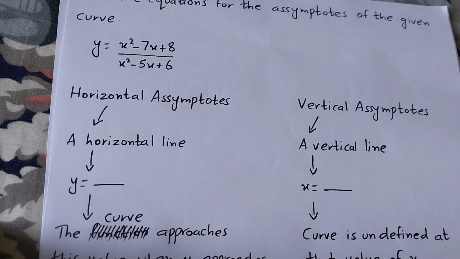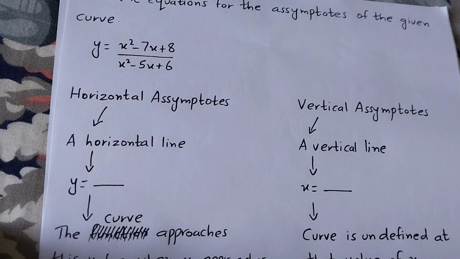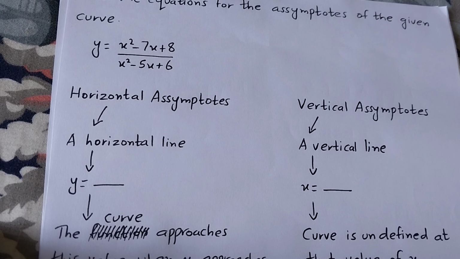We can see that when we put a very large positive number in this numerator, the answer of quadratic term dominates or matters much more as compared to the other two terms. The answer of quadratic term when we take x is equal to 100 is 10,000 as compared to minus 7x, which is minus 700, which is much smaller than 10,000. And similarly 8 doesn't have that much impact either.